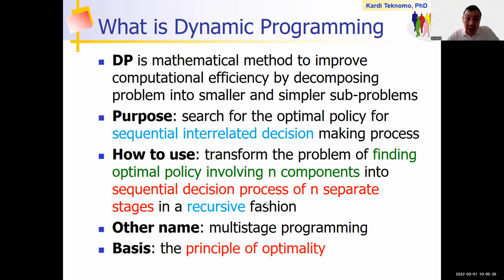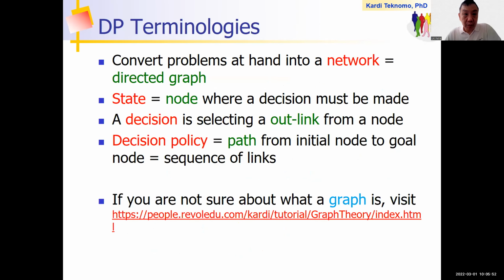I know a lot of jargon here, but you will start to learn about it. The other name of dynamic programming, sometimes we call it multi-stage programming, and the basis is what is called the principle of optimality. So there are many terminologies that you need to understand first before you could understand dynamic programming, right?